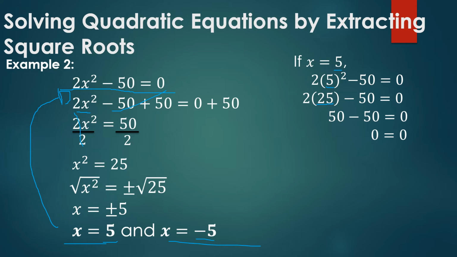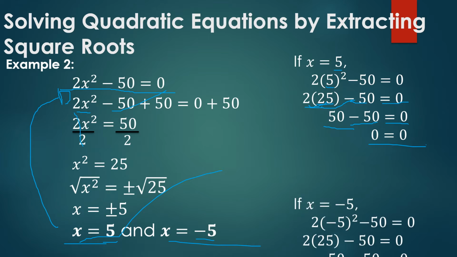So we have 2 times 25 minus 50. Will it be equal to 0? What do you think? Yes, because 2 times 25 is equal to 50 minus 50, equal tayo sa 0. Therefore, 5 is correct.